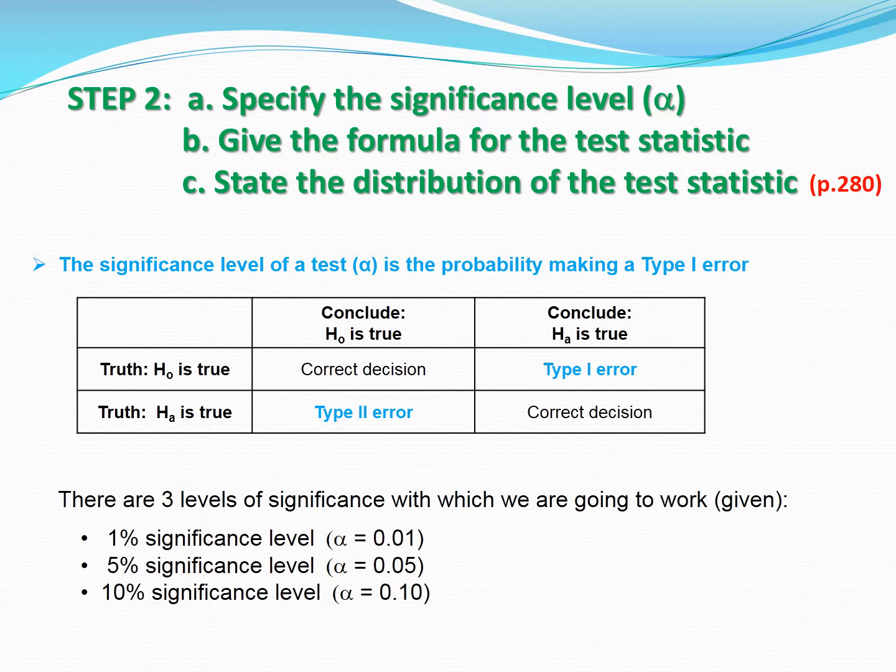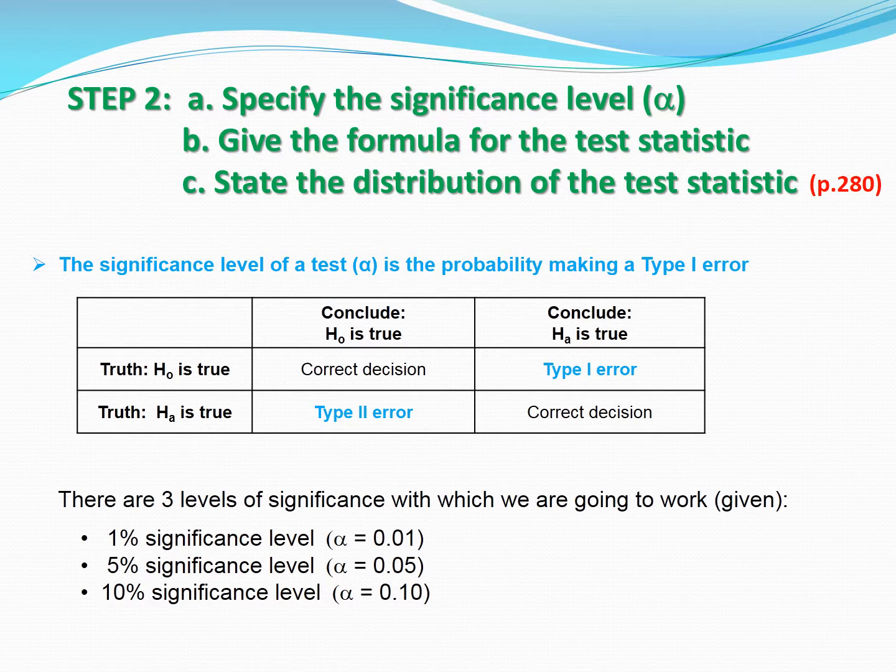So in the criminal trial example, you would send an innocent person to jail, so you would find him guilty. Or if you made a type 2 error, then you would say that your null hypothesis is true, but the alternative is true in actual fact. So there you would set a guilty person free in the criminal trial example, for instance.